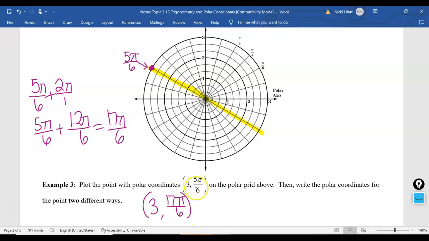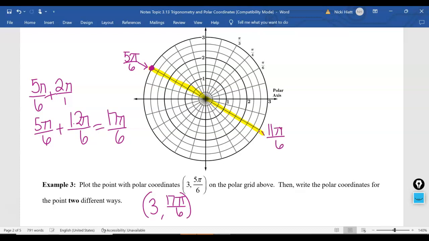Another option that you can have for this is to use a negative radius. So right over here, across from 5 pi over 6, this is 11 pi over 6.